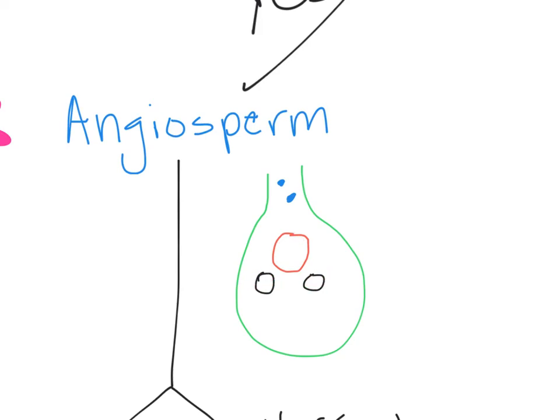But what happens in double fertilization is one of the sperm will fertilize the actual egg and become the seed that will eventually develop into a new plant, while the other sperm is going to fertilize these polar bodies. These 2 polar bodies will actually come together, and the second sperm will fertilize the 2 polar bodies and become this 3N.